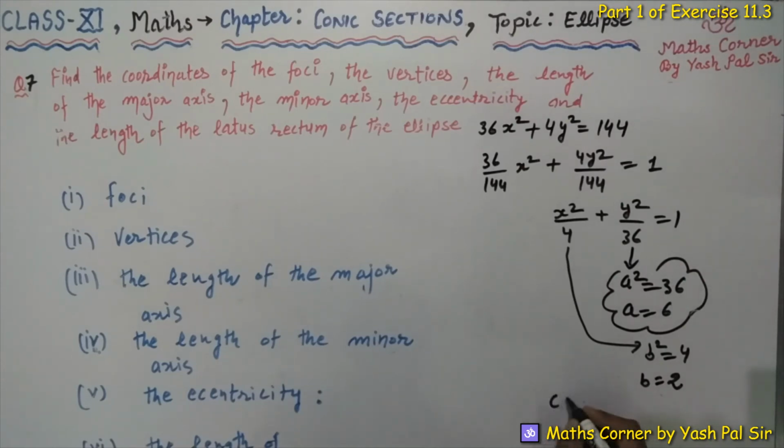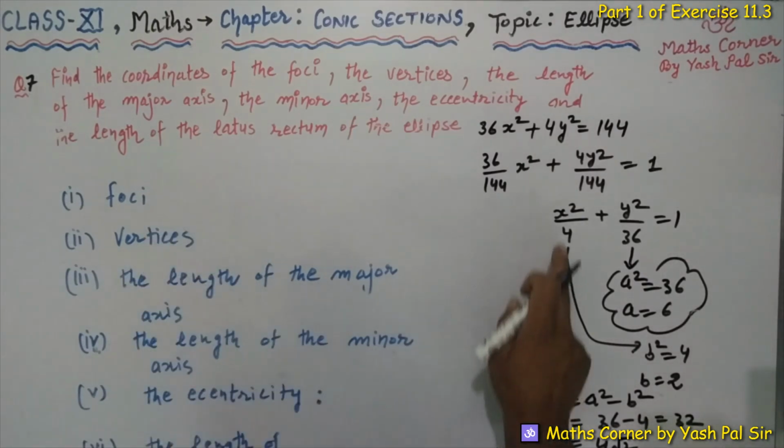Now we can say c square is equal to a square minus b square. That is 36 minus 4 equal to 32. Right? So what is c? c is equal to 4 square root of 2.